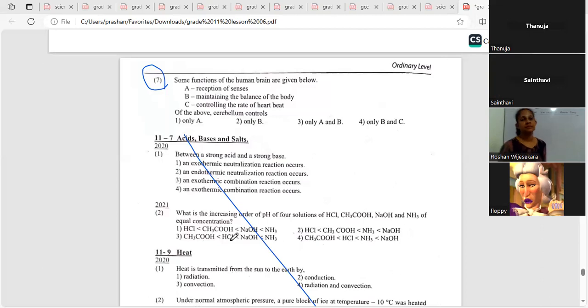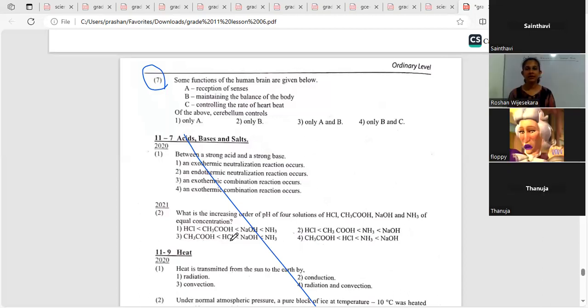Okay. Shall we discuss? Some functions of the human brain are given below: reception of sense, maintaining the balance of the body, and controlling the rate of heartbeat. Of the above, which does the cerebellum control? In several years, the function of the cerebellum is asked again and again. That's why I told you it is important.